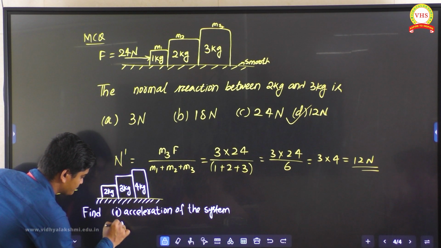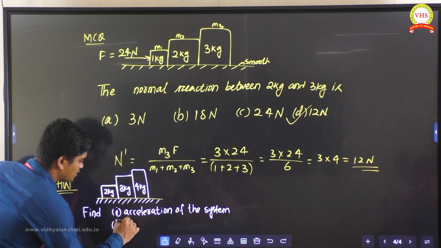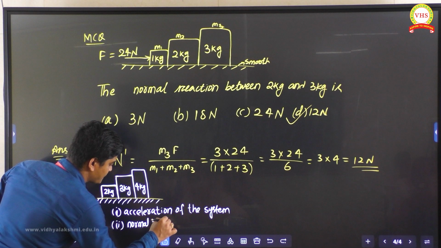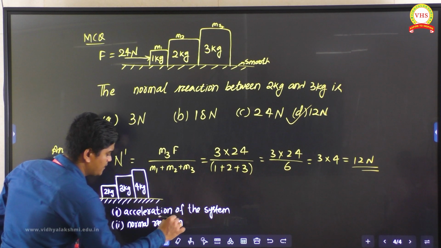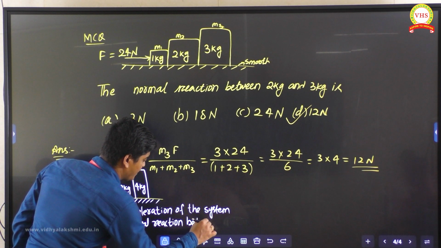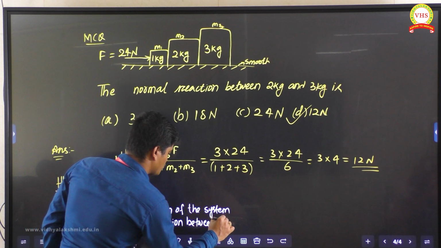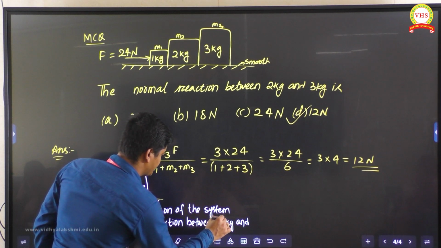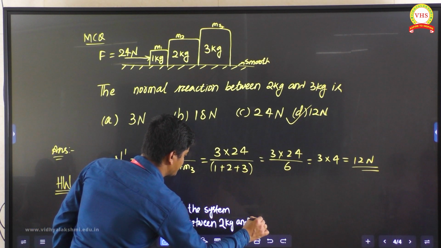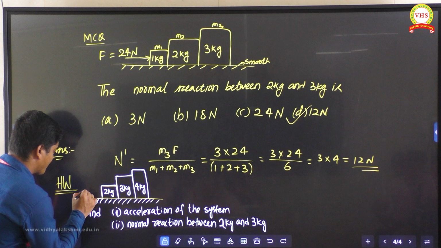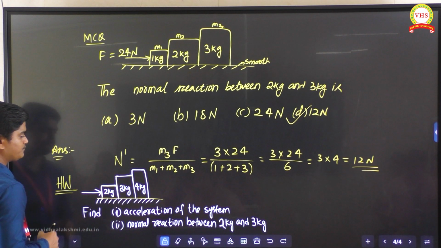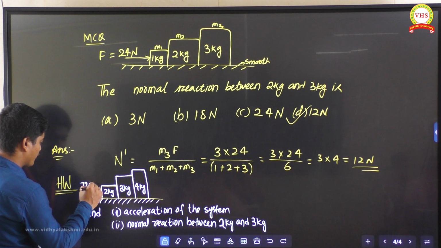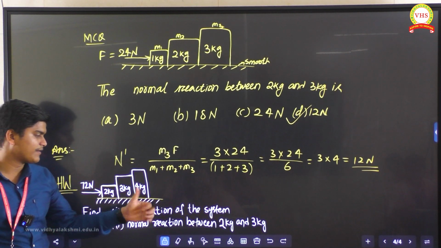Second, you find normal reaction between 2 kg and 3 kg. And here I am giving one force, 72 Newton. What force are given? 72 Newton.